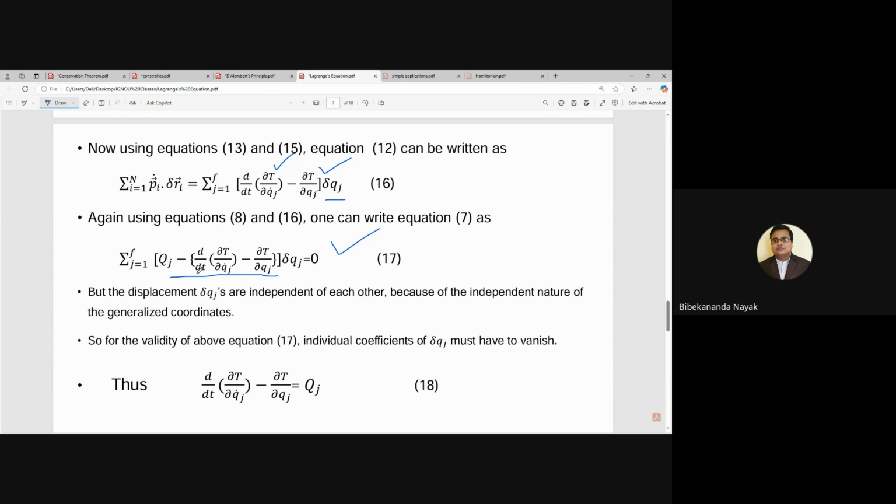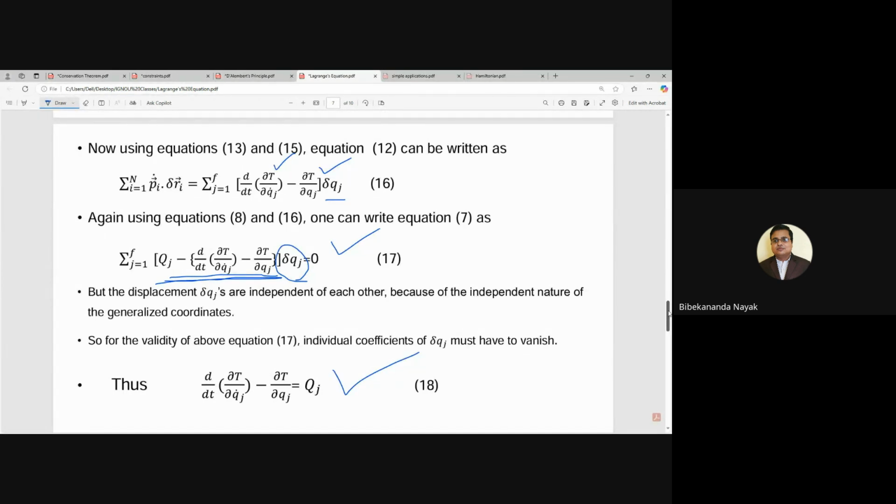So from this, since δQj are independent coordinates, all the bracketed terms must vanish for each j. For j equal to 1 it is true, j equal to 2 it is true. So we have f number of equations: d/dt ∂T/∂Q̇j minus ∂T/∂Qj is equal to capital Qj.